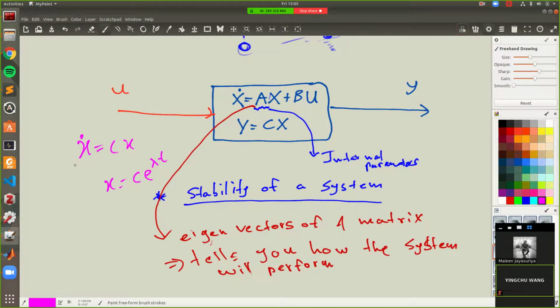That is the solution to a differential equation, right? So this is what we call a time constant, right? So the eigenvectors of this A matrix typically relate to this exponential's time constant. So depending on this time constant, your output will change.